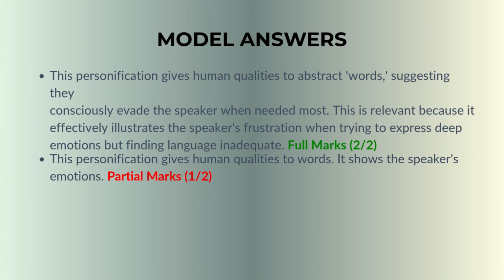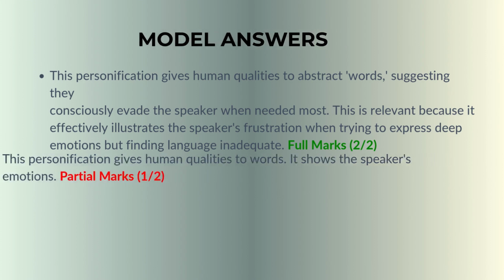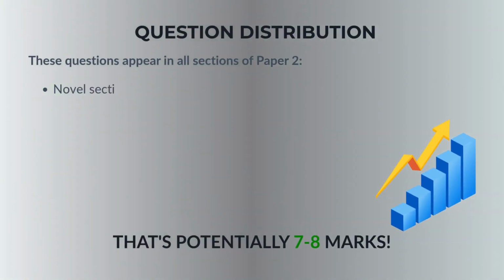For partial marks, that is 1 out of 2: "This personification gives human qualities to words. It shows the speaker's emotions." By saying that, you are not going to get the total 2 marks, but you'll get 1 mark.